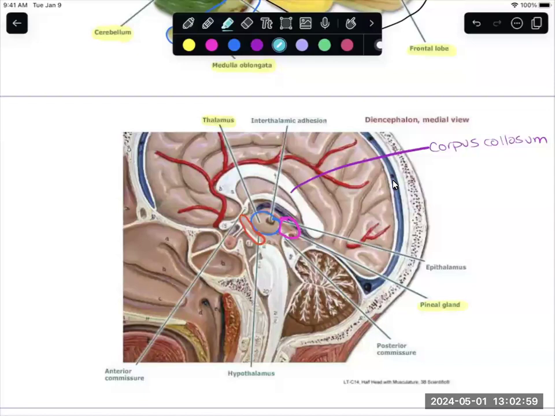This gland right back here is the gland that secretes out melatonin that's able to help you to fall asleep at night. So we secrete out more when we're trying to fall asleep. We secrete out less during the day.